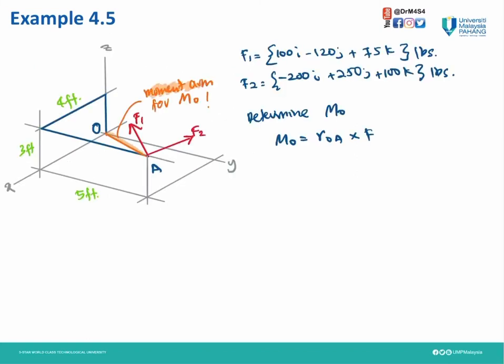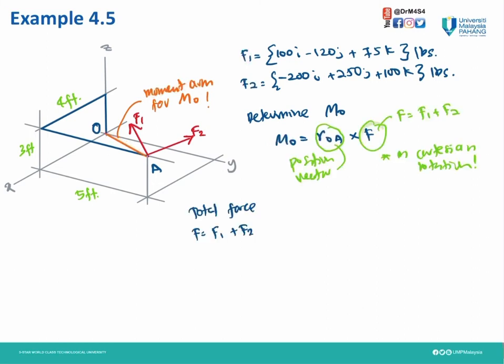So we need to identify the moment about O. Therefore, the moment about O is position vector OA times F, where F is F1 plus F2 and ROA is the position vector.